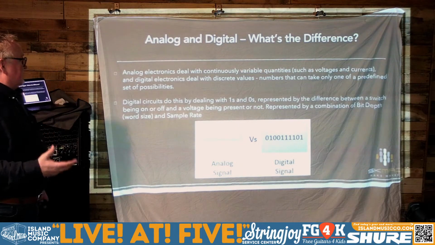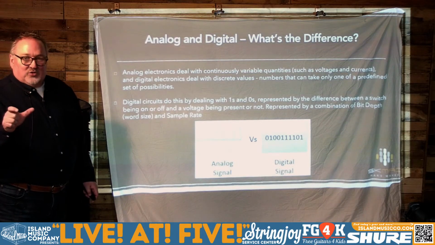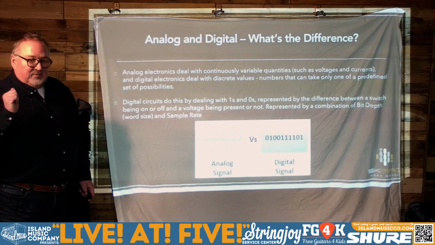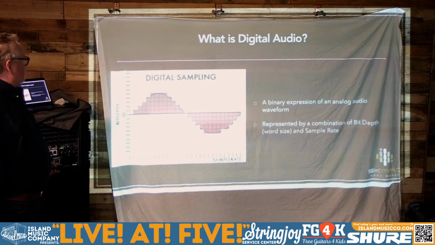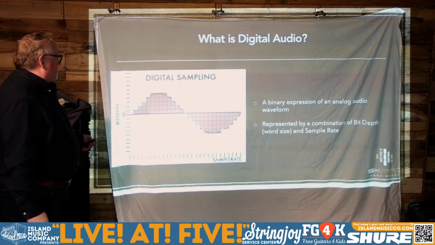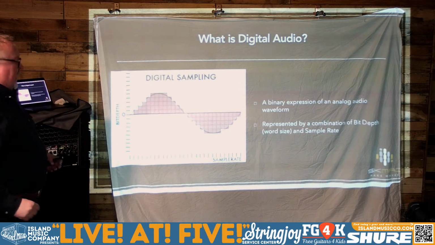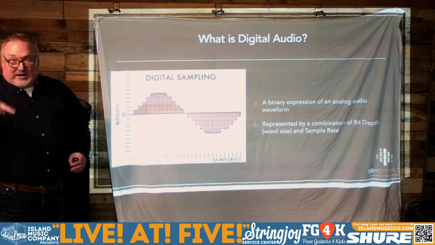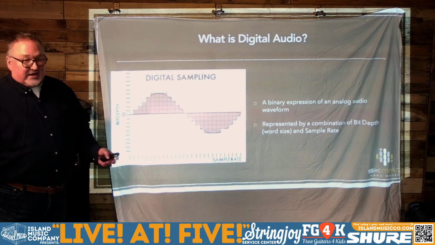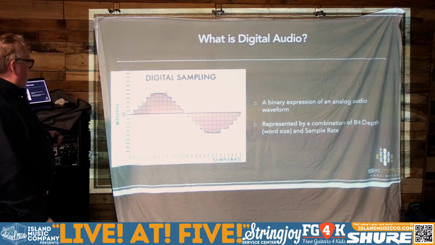There are a lot of things that we need to worry about with regards to the ones and zeros. Most importantly is our sample rate, and digital quality is represented by bit depth and a sample rate, how many samples per second it's going to take of that signal when we turn it into a 1 or a 0.